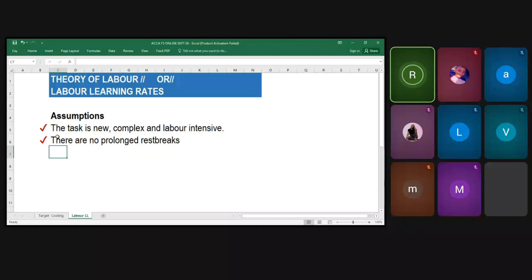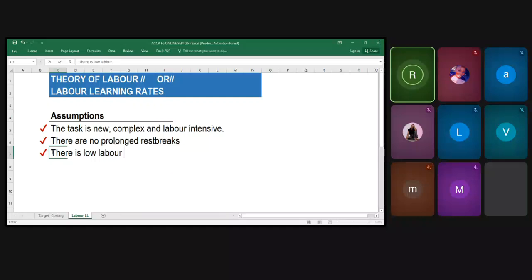So, in order for you to learn, you should be able to do something time and again and repetitively. Then, number three, there is low labor turnover.